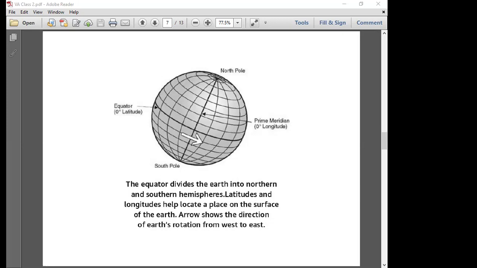So what is declination? Declination of a planet is the angle subtended by the planet and the celestial equator at the Earth. The declination of a planet corresponds exactly with the terrestrial latitude.